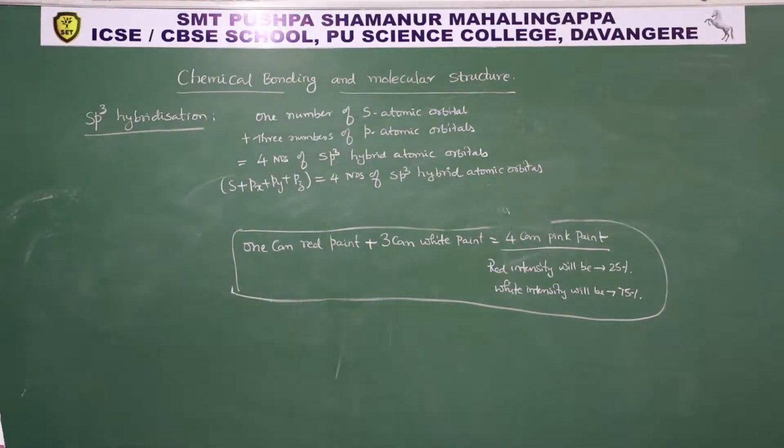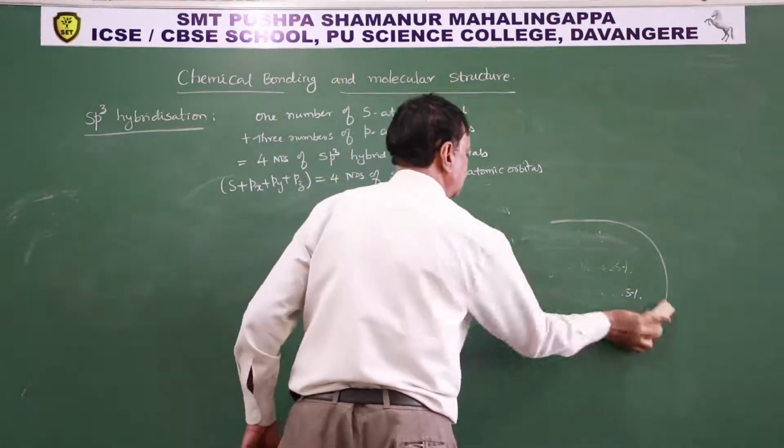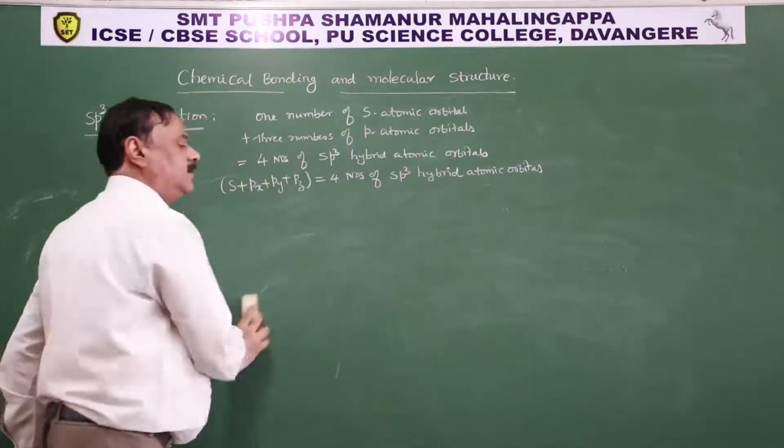Here what about the s character? S character is 1/4 and p character is 3/4.